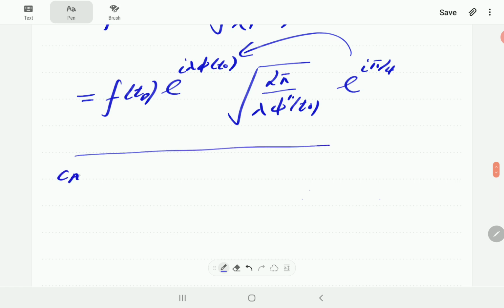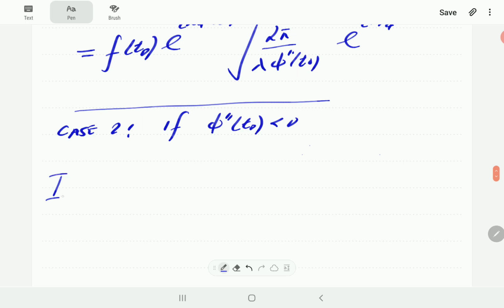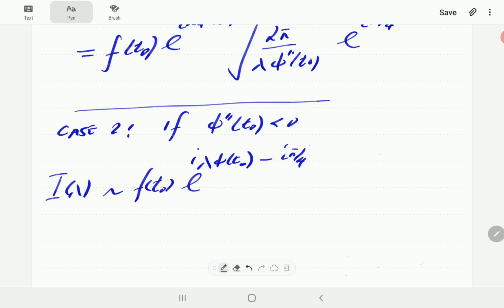The other case, which I am going to ask you to work through, is if the second order derivative is negative, then what we get, and please confirm this by working through, is f of t naught exactly as before, e to the i lambda phi of t naught minus i pi over 4 for this one.